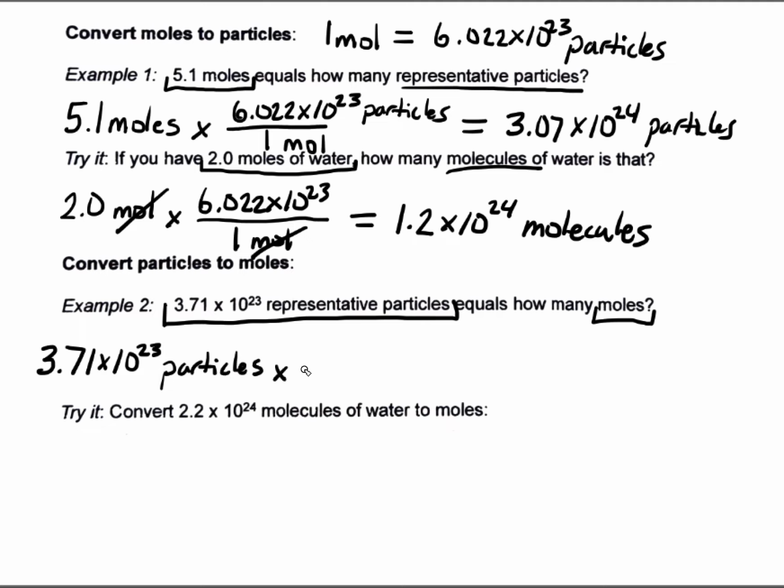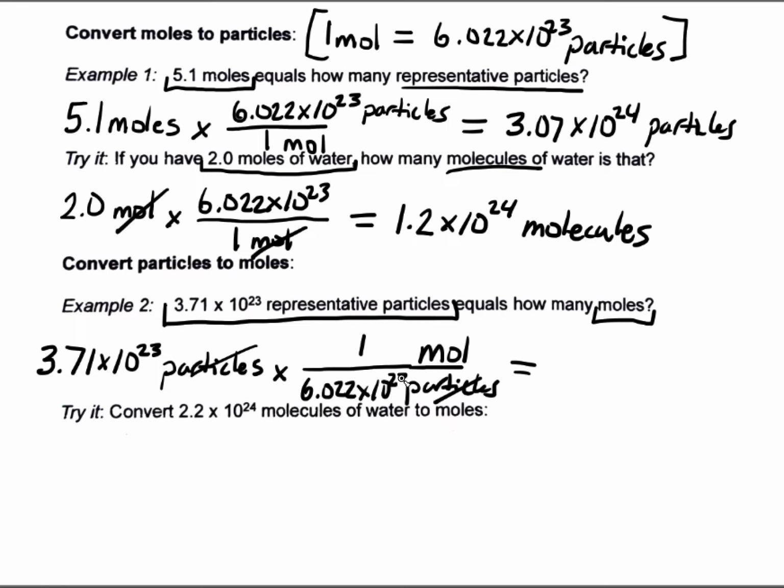Now we're going to do the same thing. We're going to multiply it by this conversion factor right here. But I'm trying to convert from particles into moles, so I want to figure out how many moles this amount is. So moles needs to be on top this time because that's what I want to convert into, and particles needs to be on the bottom. Because, remember, this is going to be diagonal, and I want that to cancel out this time to leave me with moles. So now it's going to be 1 mole on top, and 6.022 times 10 to the 23rd on the bottom.